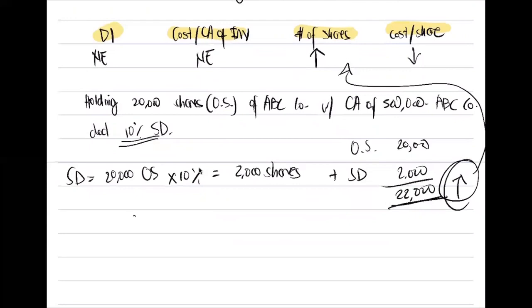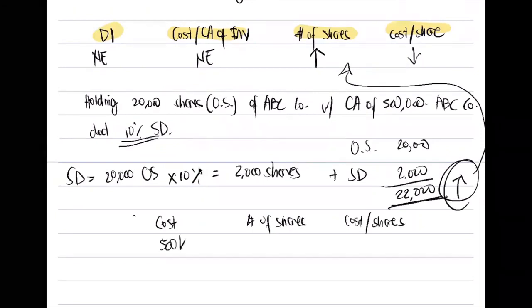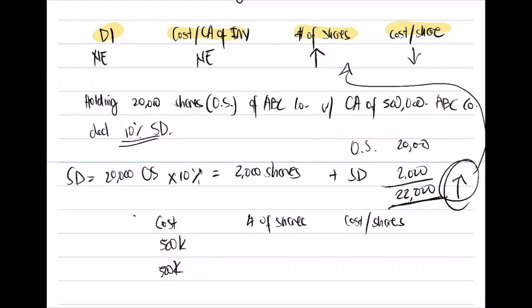So there is an increase in the number of shares. Let's check your cost per share. It is computed by getting first the cost and then the number of shares, and then you divide the cost over the shares. Our cost will remain at 500,000 pesos because that is the carrying amount. Initially, our number of shares is 20,000. Now, it is 22,000. So, 500,000 divided by 20,000 is 25 pesos per share.